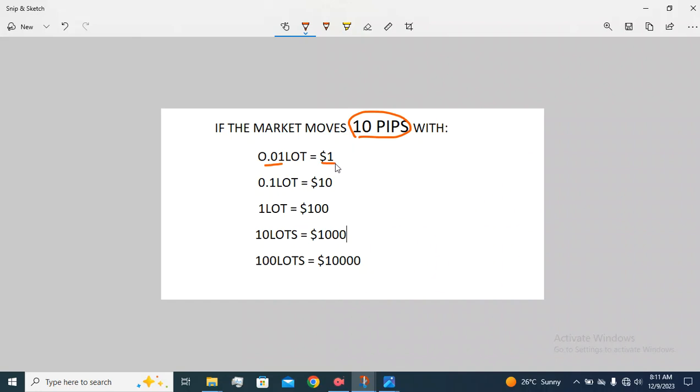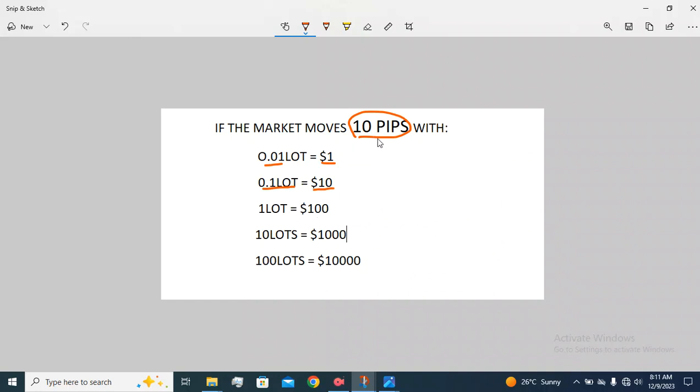Remember, it's 10 pips. When you use a lot size of 0.1 with the same 10 pips, you get $10. And when you use one lot, the standard lot, to catch the same 10 pip movement, that's just even a second movement here, you earn $100.